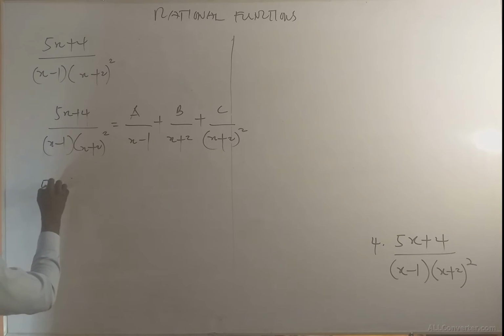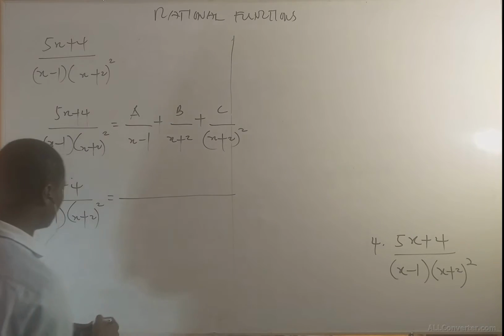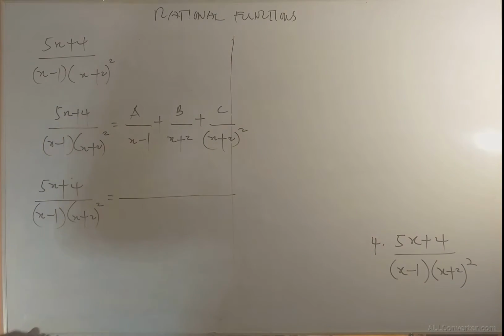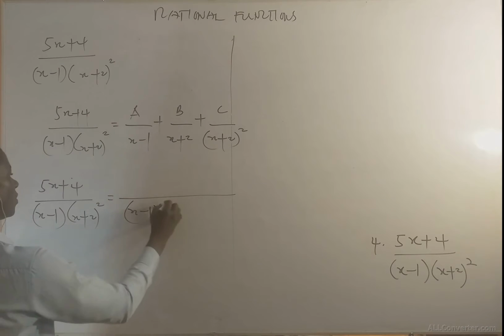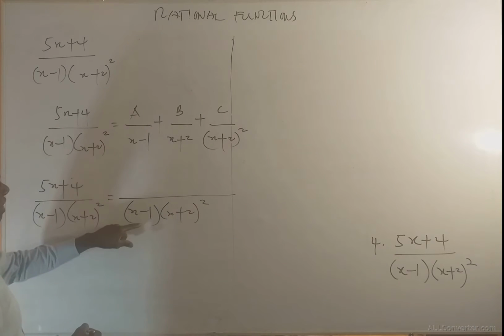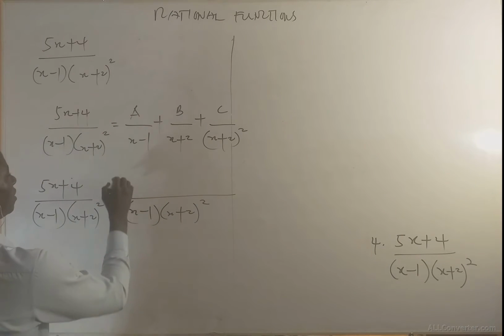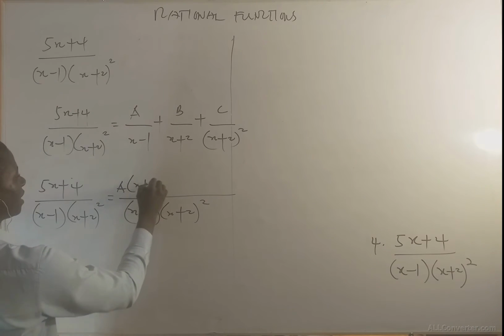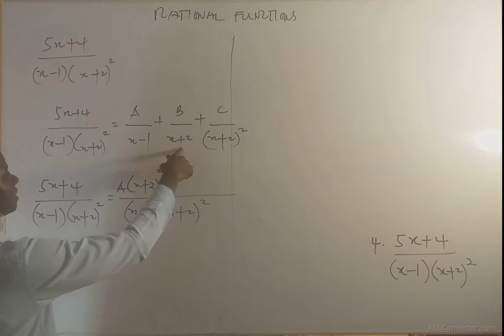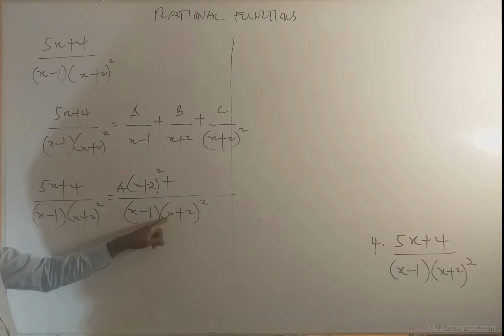And so a step down, you are going to have 5x plus 4 all divided by x minus 1, then you have x plus 2 all squared. So we try to find the least common denominator, and it will be equal to what we have on the left. So that is x minus 1, then we have x plus 2 all squared. So we have x minus 1 in here, then we are left with x plus 2 all squared times A. So we have A times x plus 2 all squared plus, then x plus 2 will go in here, and we are left with one of the x plus 2 because we have x plus 2 all squared.